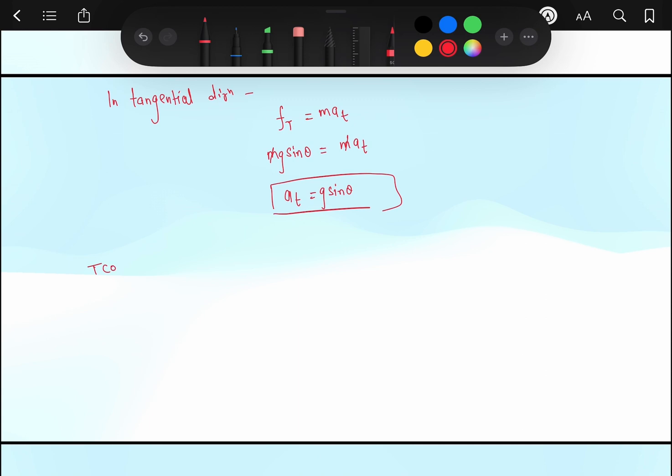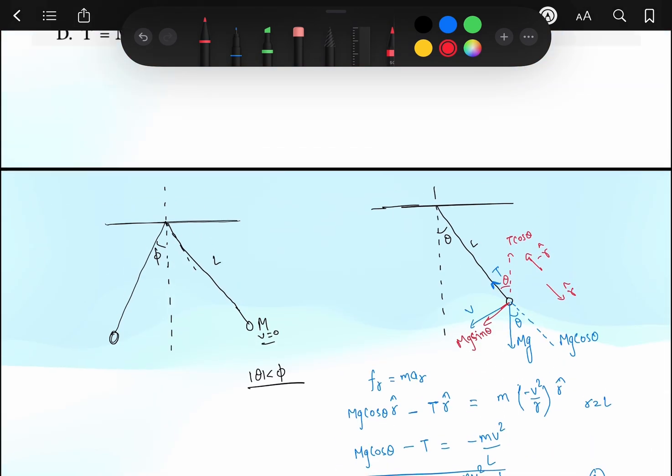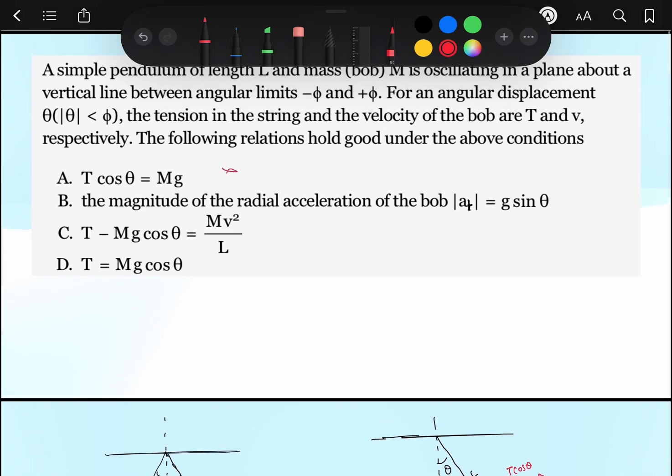It would be correct only when this body is not doing any type of vertical motion. Here our body is doing both vertical motion and circular motion, so in the vertical line this body is not in equilibrium, so I cannot say that this equation is correct. So it will be incorrect. Our first option is wrong.